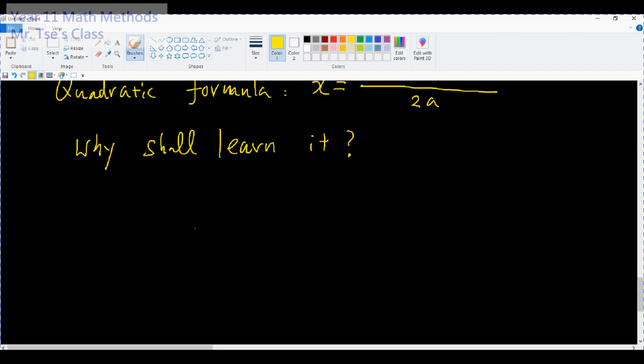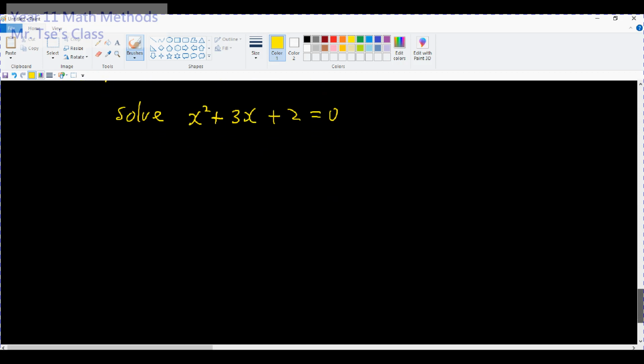Let me give you one very quick example. For example, I'm going to solve x squared minus 3x plus 2 equals 0. We used to solve it by using factorization.